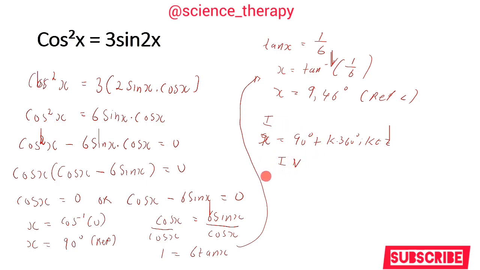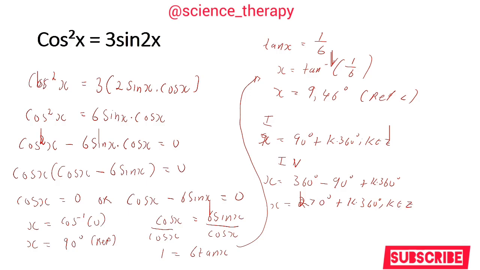So for the fourth quadrant, we have x is equal to 360 minus the reference angle. So minus our reference angle, that is 90 degrees, and then plus k 360 degrees. Now we have 360 minus 90, that will give us 270 degrees. So that's 270 degrees plus k 360 degrees, where k is an element of integers.